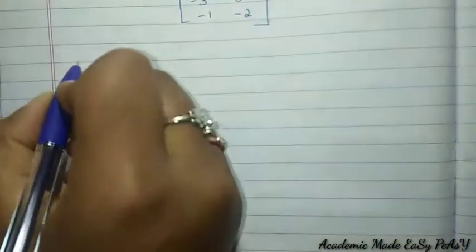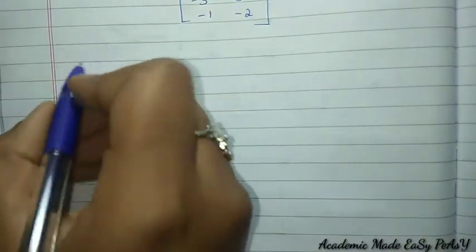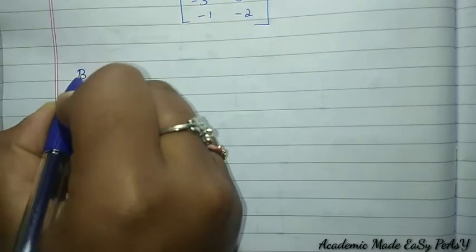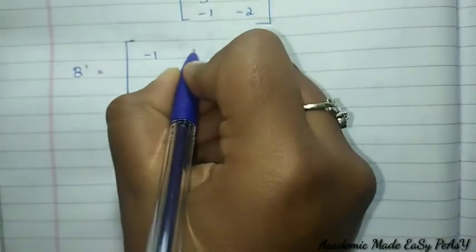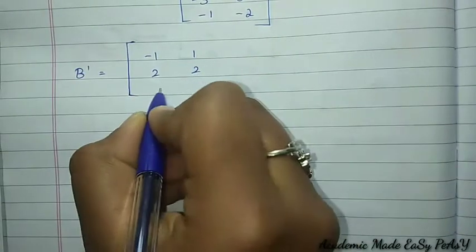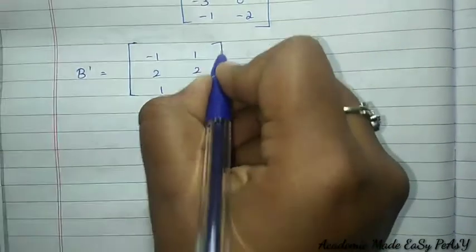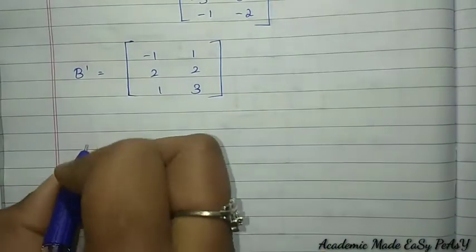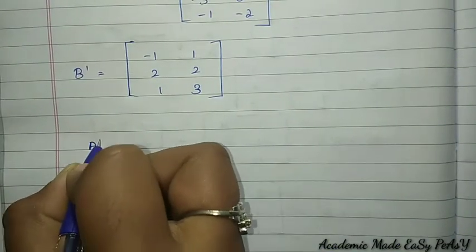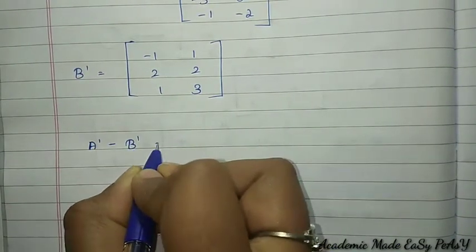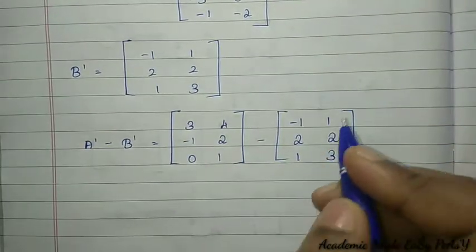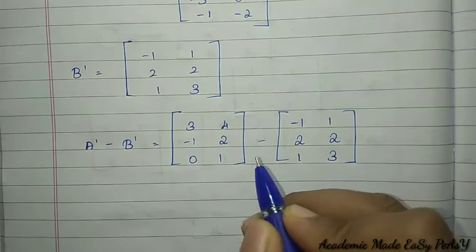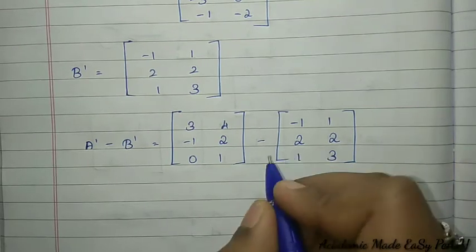So now we already know A transpose. So now let's find B transpose. So B transpose is minus 1, 1, 2, 2, 1, 3. So this is my B transpose. So A transpose minus B transpose is equal to. So now I will be changing all the positive signs to negative signs.